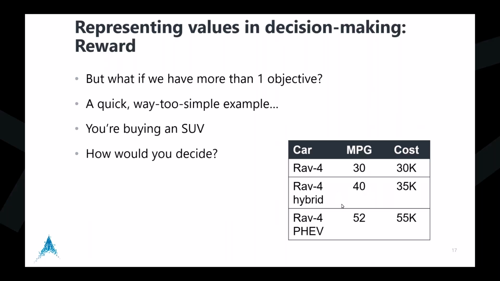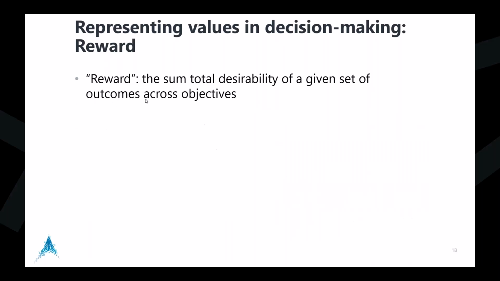Well, there's probably a way you can eyeball it and do the mental math about what's the best balance or what you value most. But there's a more formal mathematical way to combine these and determine what the best option is. That's what we call rewards, or a reward function.